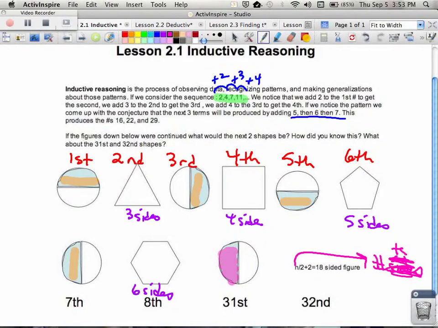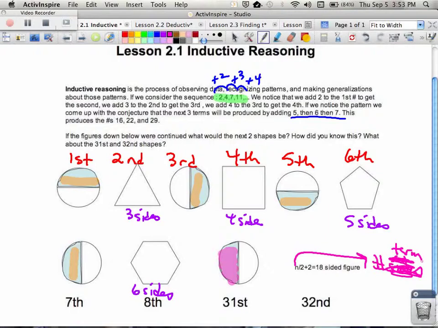Pardon me, the number of the term. So the first polygon was a triangle, it was the second term. If I take that and divide it by 2, and then add 1, I notice I would have a 3. So if I want the 32nd term, 32 divided by 2 is 16, plus 2, means the 32nd picture in this sequence would be an 18-sided figure.